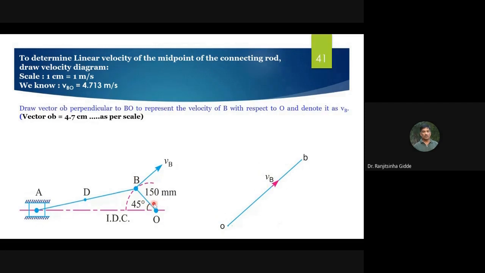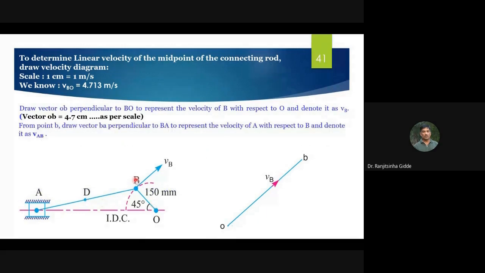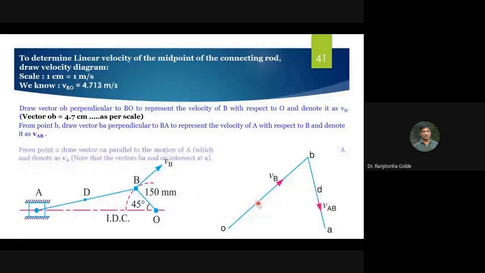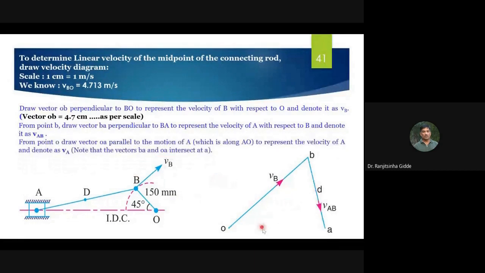Then from point B we have drawn BA, which is perpendicular to link AB. Then from point O, to represent the velocity of A with respect to O, we have drawn this third vector.